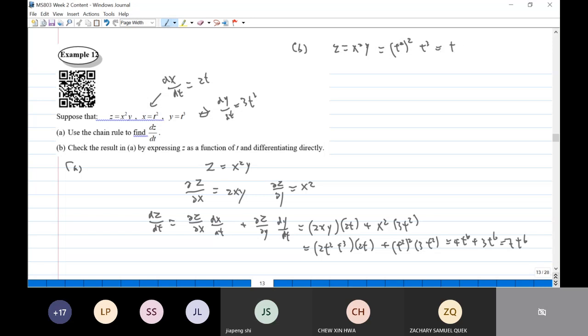So altogether it is t^7, so dz/dt, no surprise, is 7t^6. Same answer as we expected. So this is example 12, an illustration of how to apply the simple chain rule.